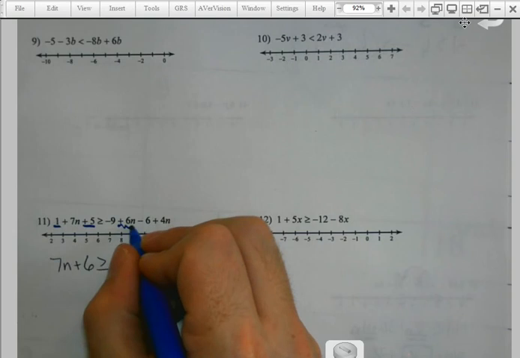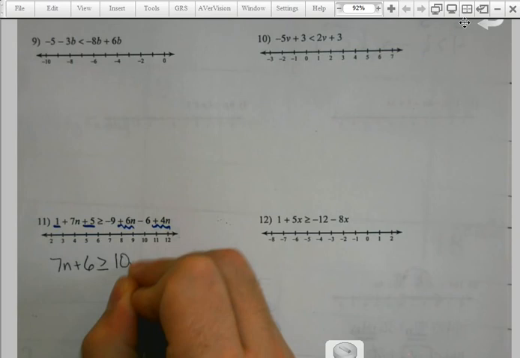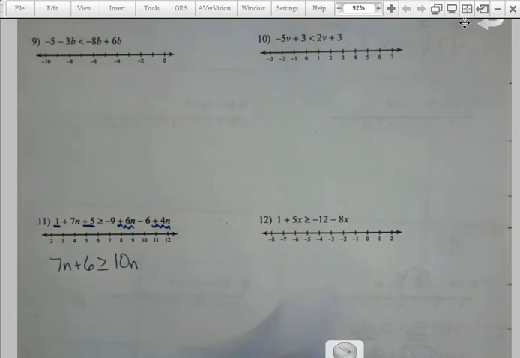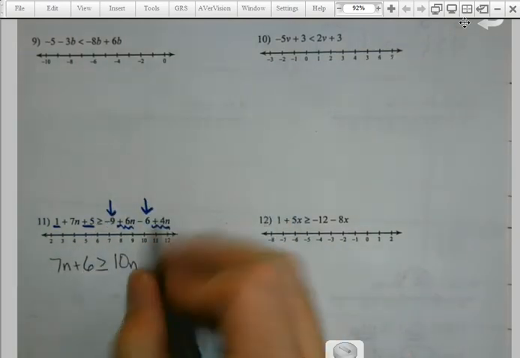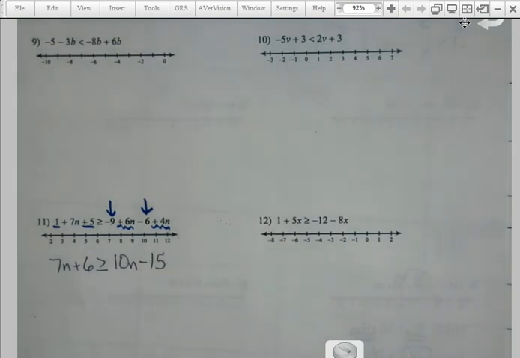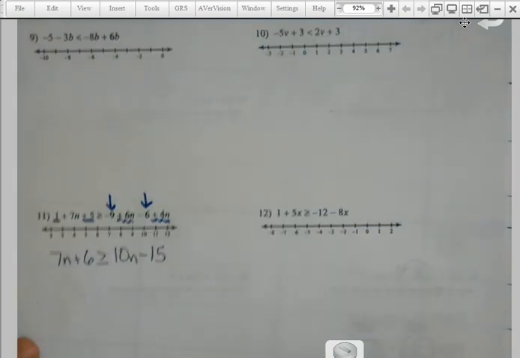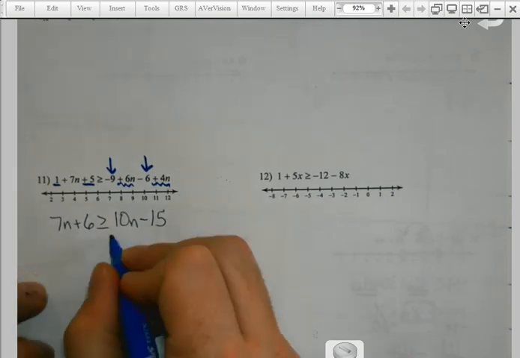Like terms. It's all about the like terms. 6 and 4 gets me 10n. Negative 9 plus negative 6 is negative 15. Ooh, now this time I can actually get my n's where I want them. I want them on the left.